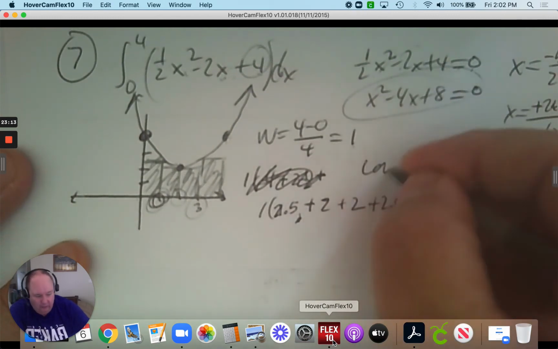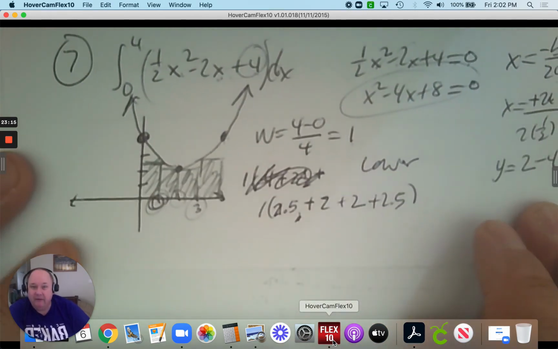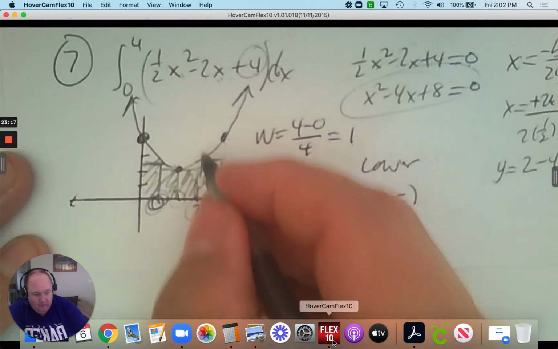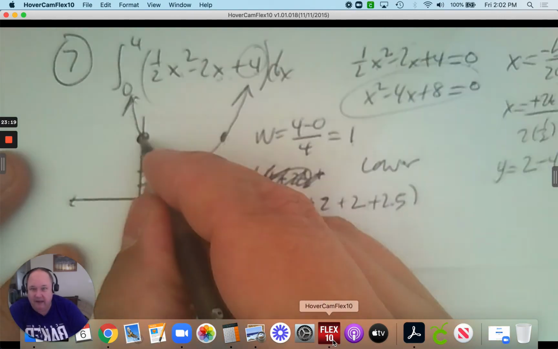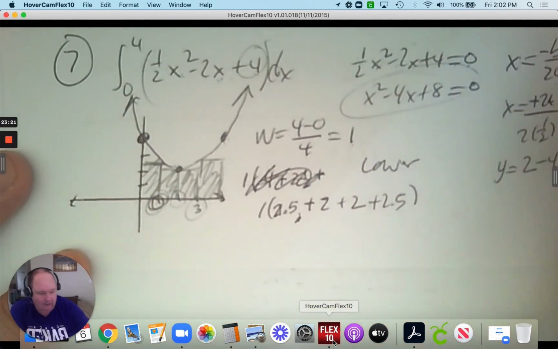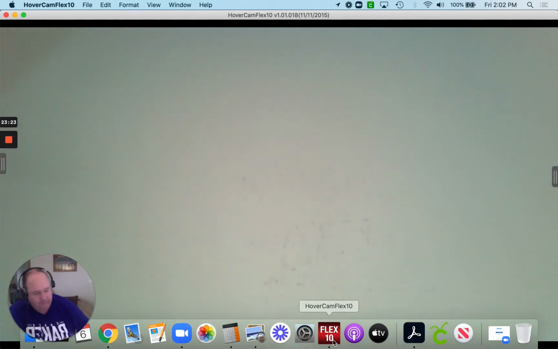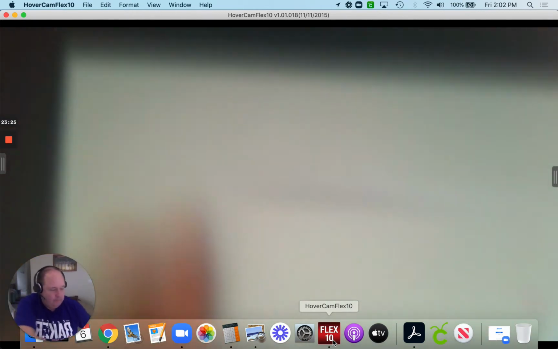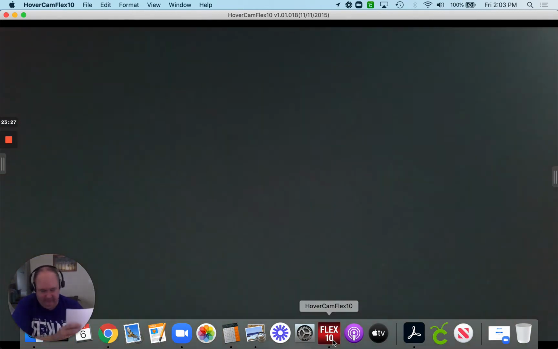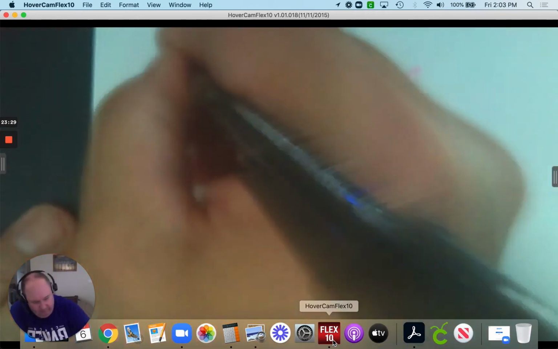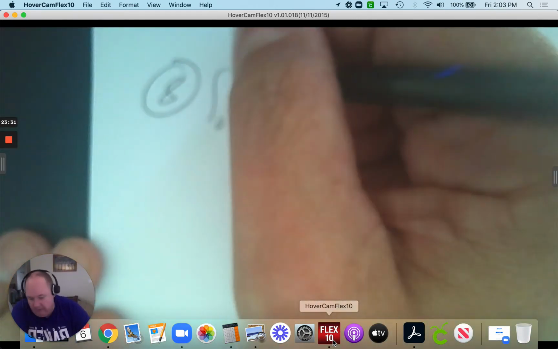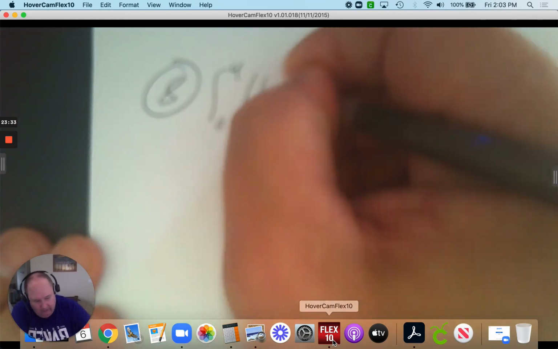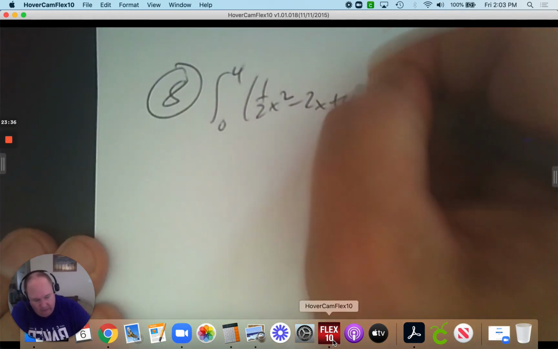That one's called the lower. Now for the upper, we're going to draw the same thing, but then we take the highest height in that interval for it. So again, I'm integrating from 0 to 4, 1/2 x squared minus 2x plus 4 dx.